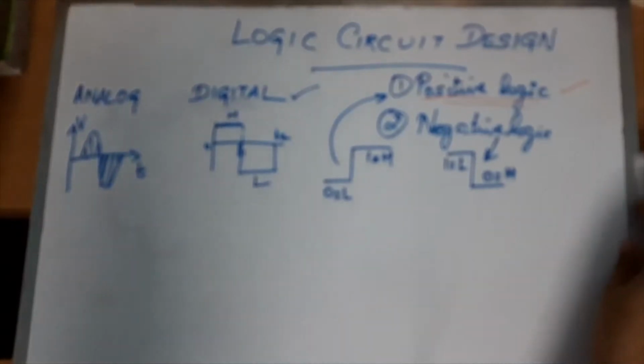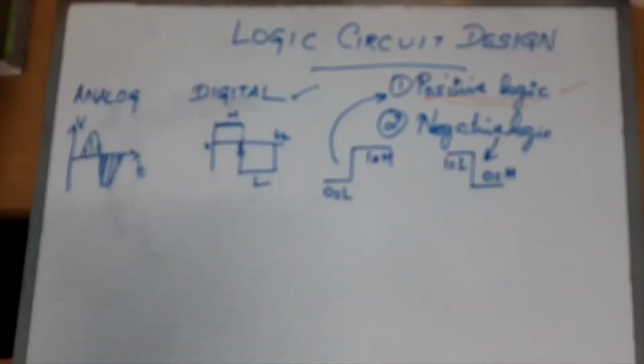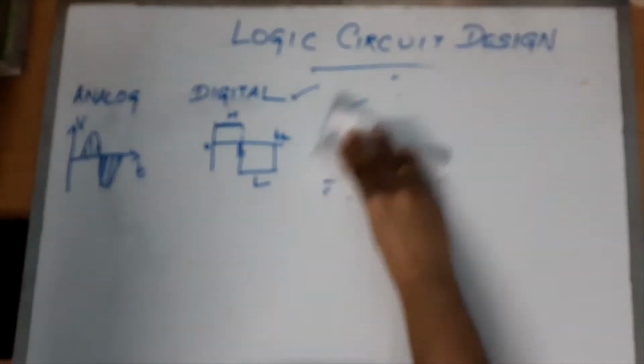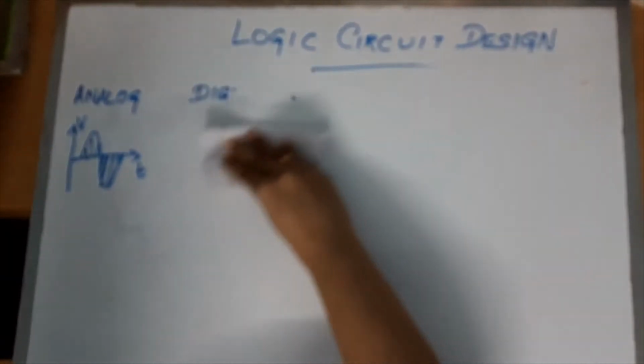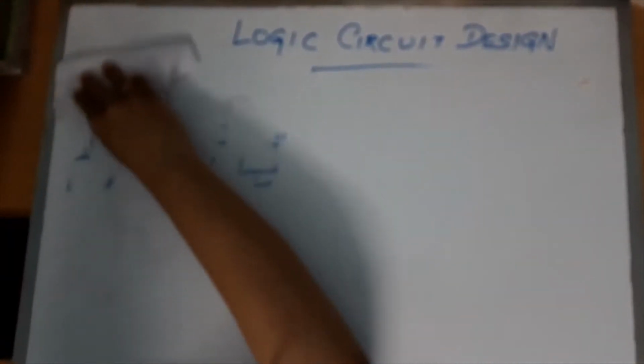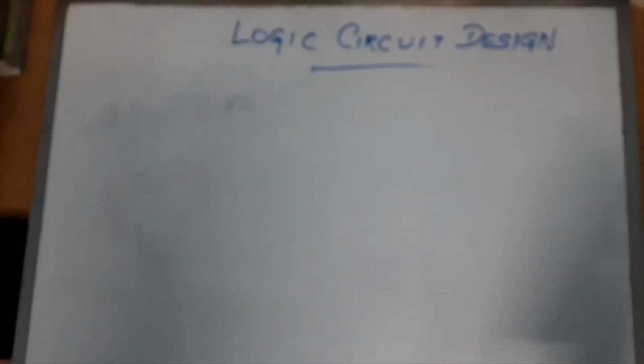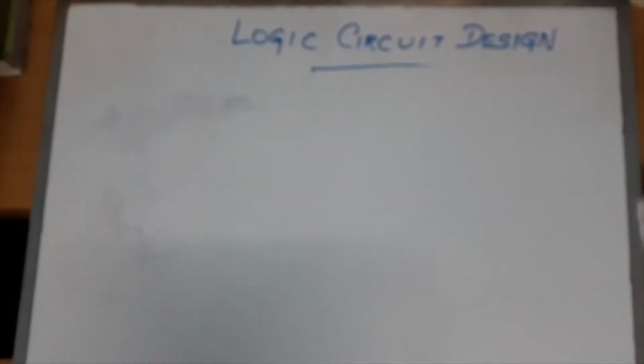So coming to this, your first module is basically based on different types of number systems. You must have already learned in school, plus one, plus two, about many of the number systems.